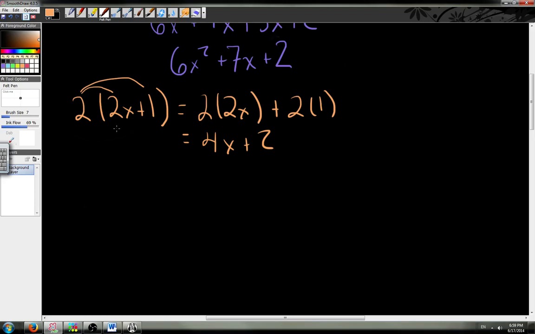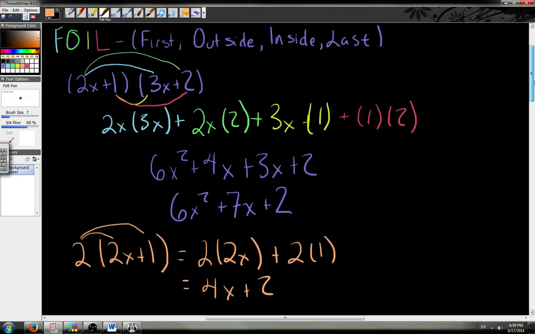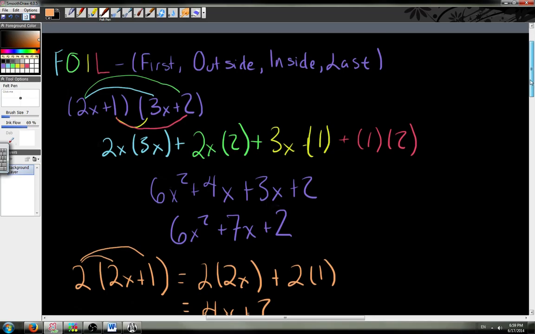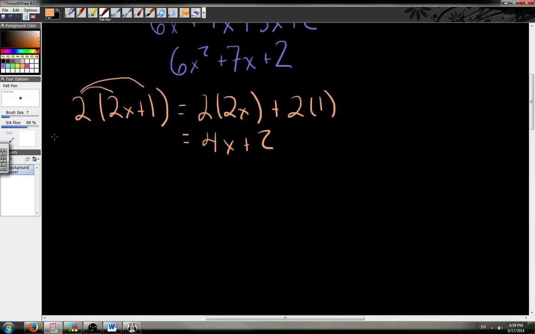So pretty simple. Here we have a monomial and a binomial. Once we get to two binomials, I don't feel like we have to change our language and say, oh, now there's two binomials, it's more complicated, we have to use this trick. It's not actually too much more complicated than our original problem.